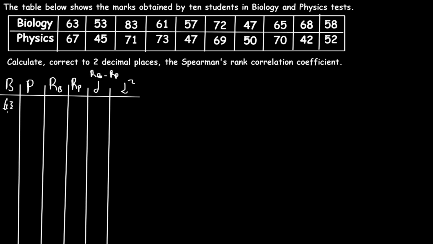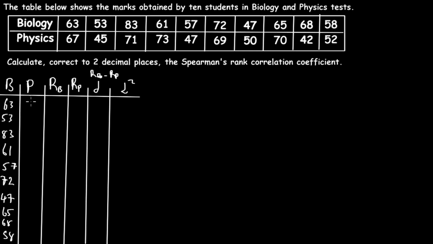So we have 63 to come first, followed by 53, followed by 83, followed by 61, followed by 57. This is 57, let me do it again, for those who might still be confused. 57, okay, then we have 72, 47, 65, 68, and 58.